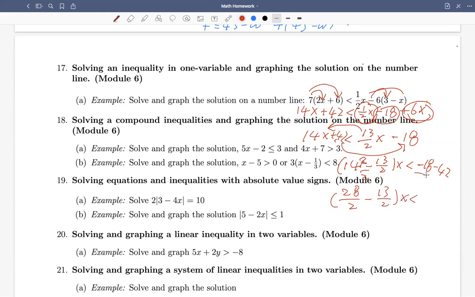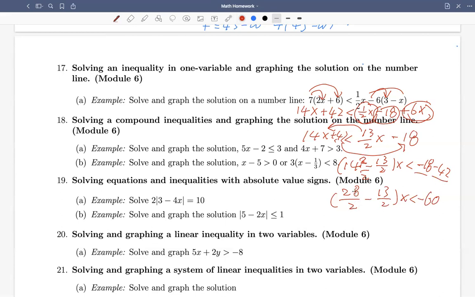Less than, well, what's -18 minus 42? Both numbers are negative, so we add them together and keep the negative sign. 18 plus 42 is 60, and keeping the negative sign, that's -60.